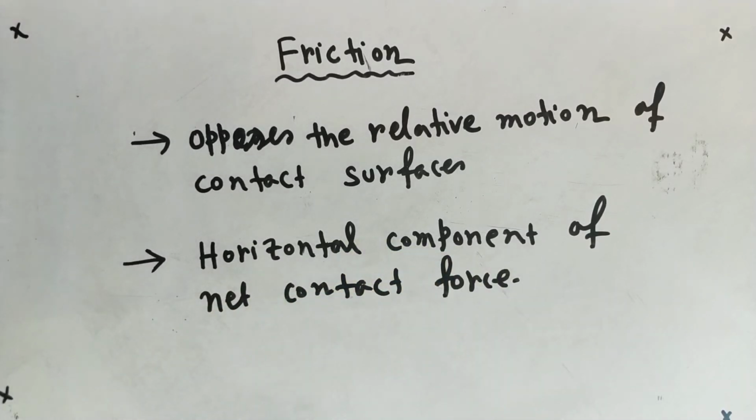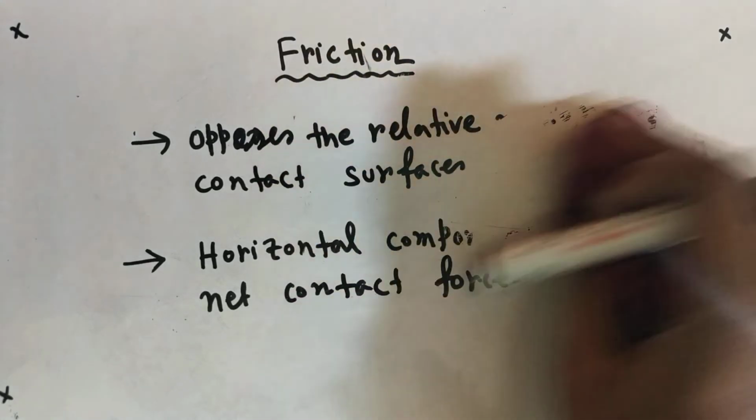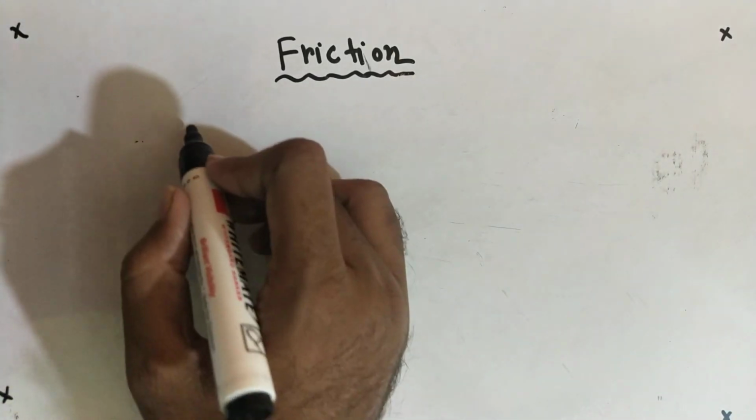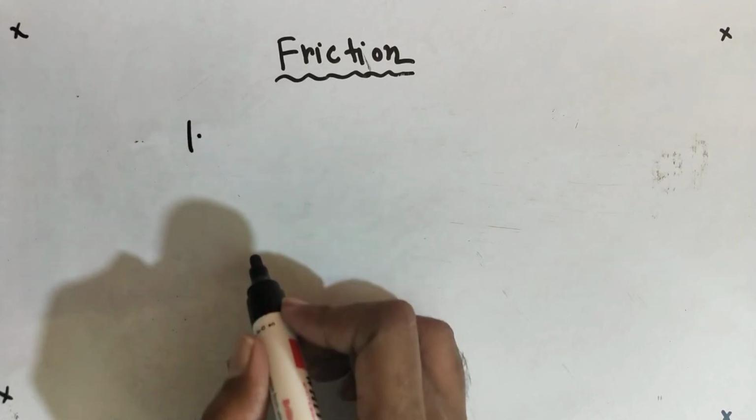And next, what I want to know is the cause of friction. If you know about the cause of friction, then you can understand what kind of force this is. In which category will this force fall? Because I have said earlier that there are four kinds of interaction.